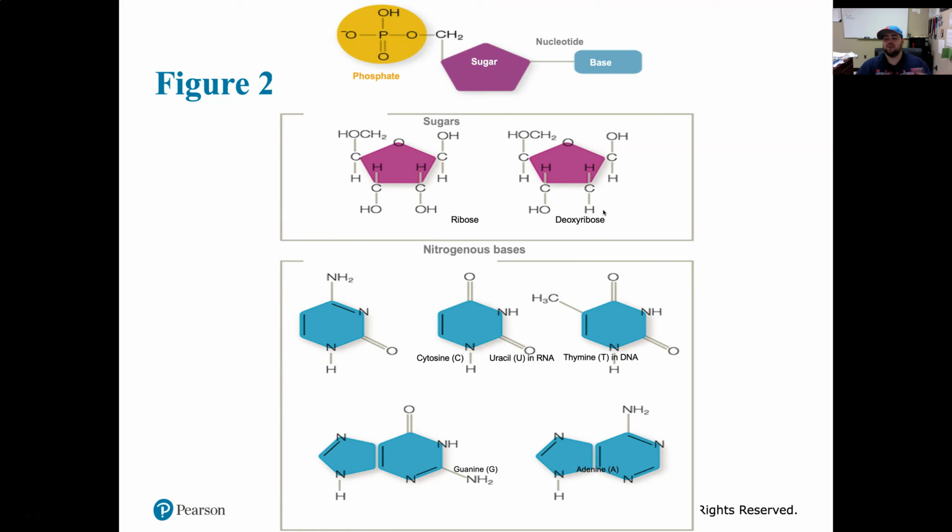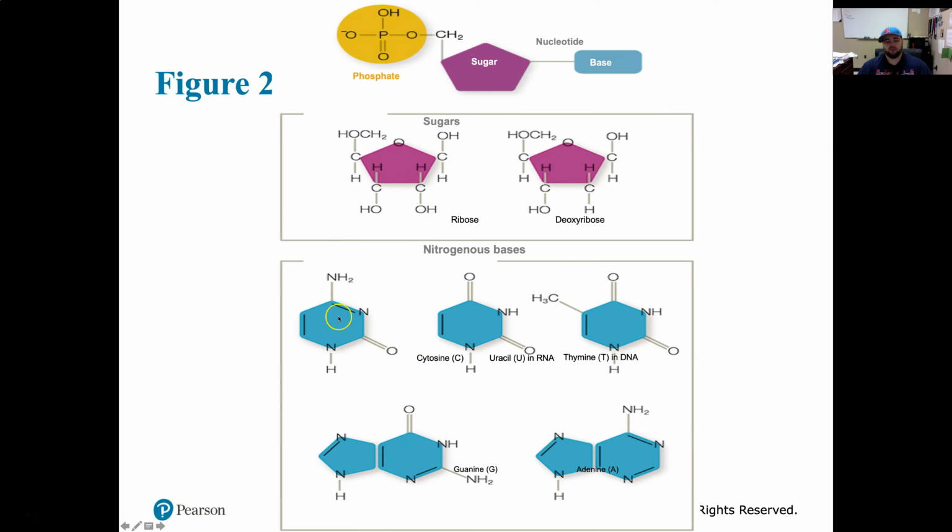Deoxy means without oxygen. It's missing an oxygen. So the name tells you that it's missing an oxygen. And it's missing it on the 2' carbon, the second carbon. Instead of having an OH group, it only has a hydrogen. So we know this is DNA. Looking at this one, it has an OH group. That tells me it is RNA because it's not missing the oxygen.